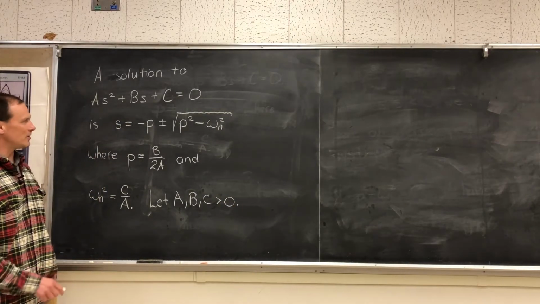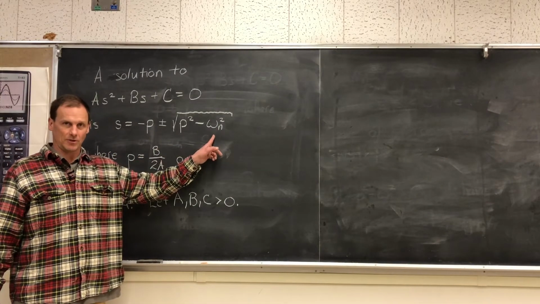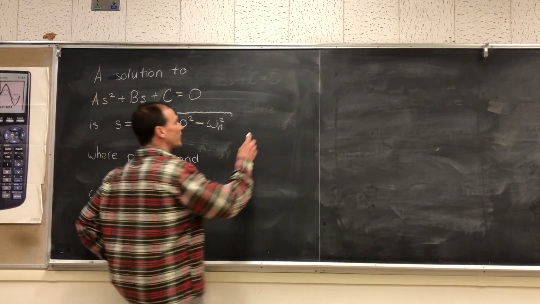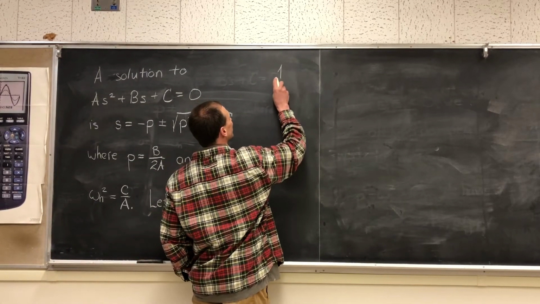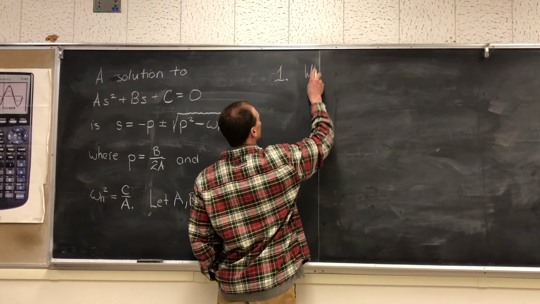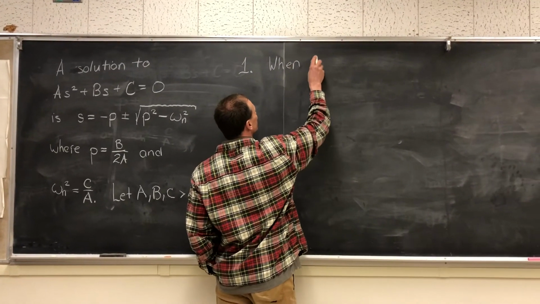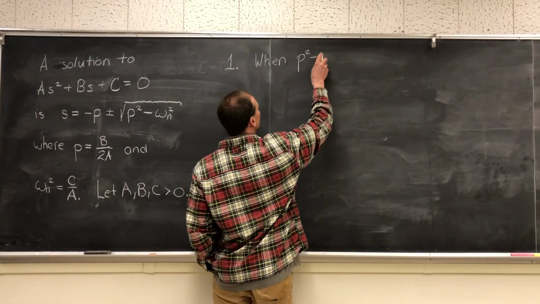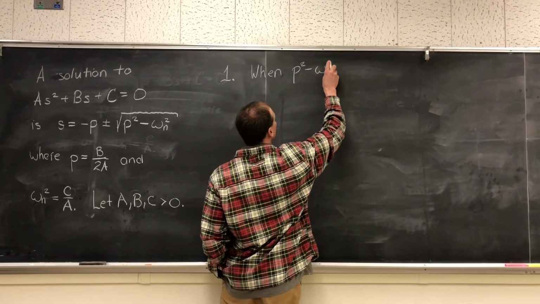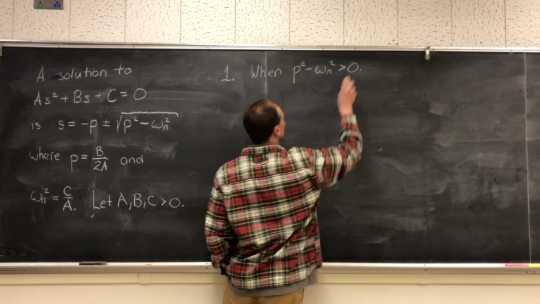So what I want to do is look at the different cases that arise from our solutions. So let's do that now. Our first case, number one, is when p squared minus omega natural squared is greater than 0.